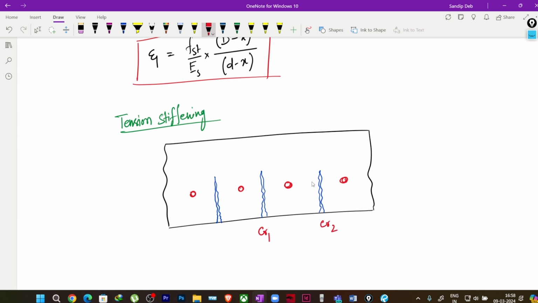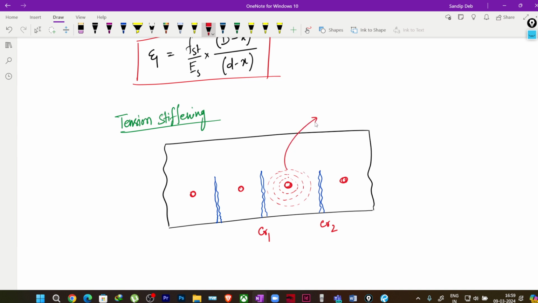This reinforcement between these two cracks transfers some stress to its surrounding concrete. So due to the transfer of stress from the reinforcement to its surrounding concrete, the stiffness of the concrete between two cracks increases.